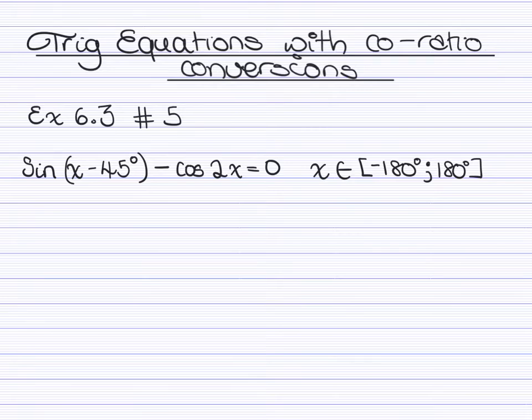So the first thing that we need to do with these types of questions is get your sine(x − 45°) on one side of the equation and the cos 2x on the other side. So it's basically rearranging your question so that it looks like this. Once you've done that, you then need to express both sides either both in terms of cos x or both in terms of sine x.